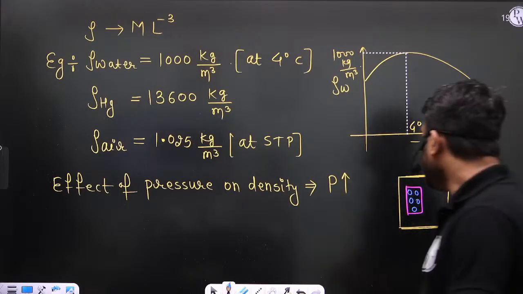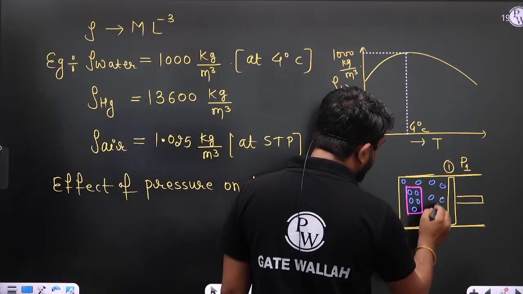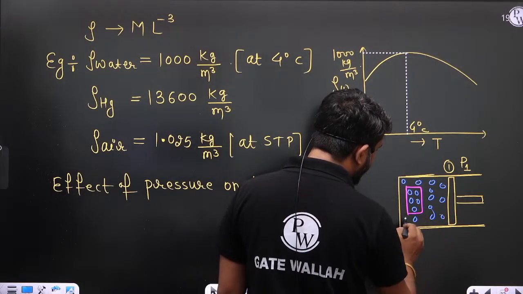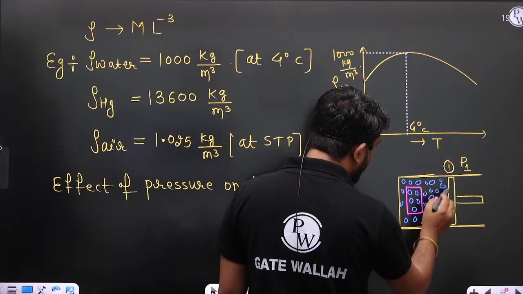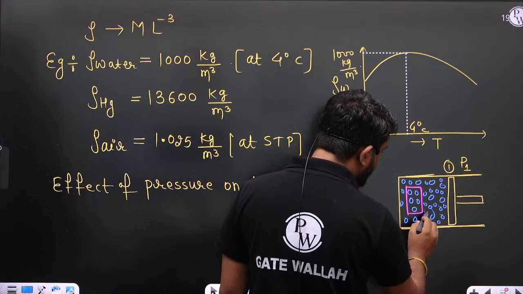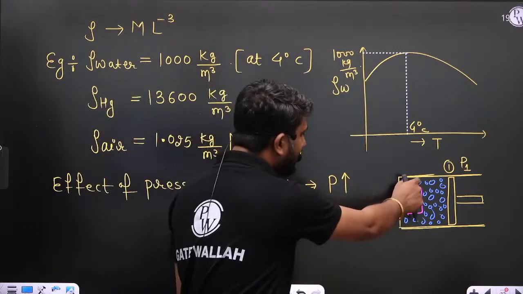When the pressure is P1, the number of molecules in a given volume is, let us consider, 5.